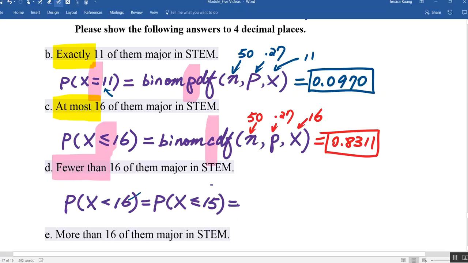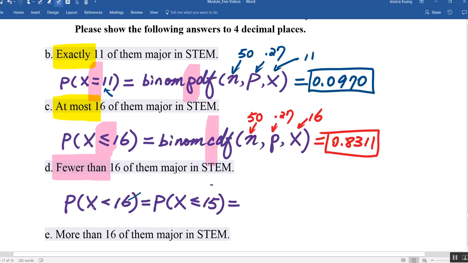Why do I want to make that conversion? That is because when we have less than or equal to, and only when we have less than or equal to, we could use binomcdf.